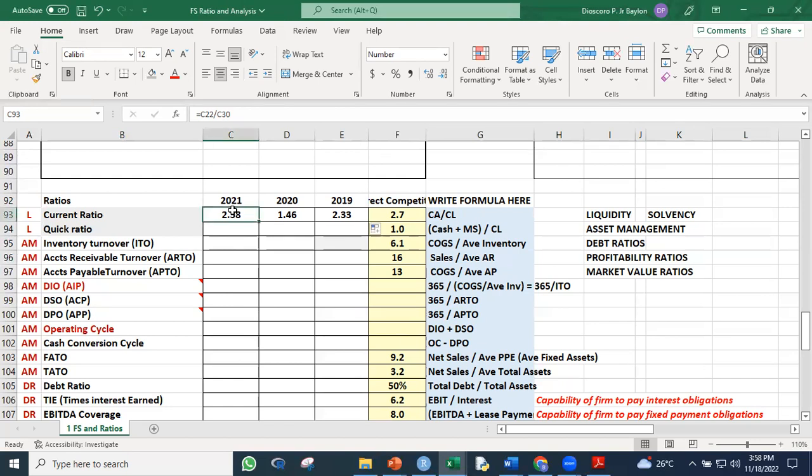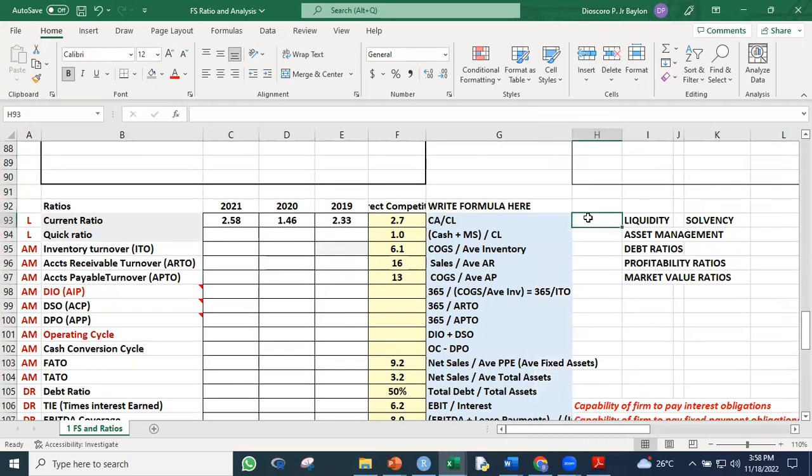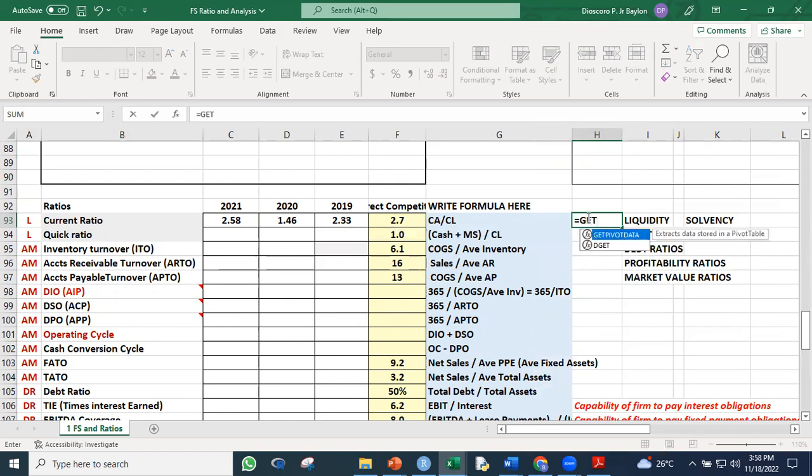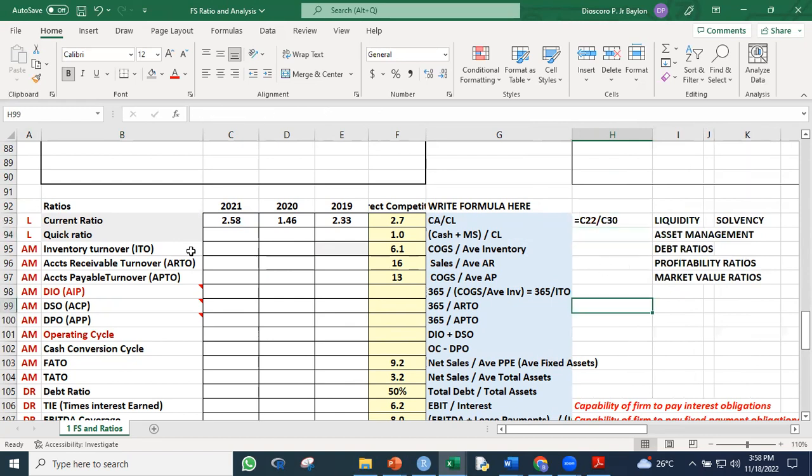Current ratio is, this is the formula: your current assets, C22, divided by your current liabilities. Maybe I'll also put the formula text here, even for just one year, so we can see it.